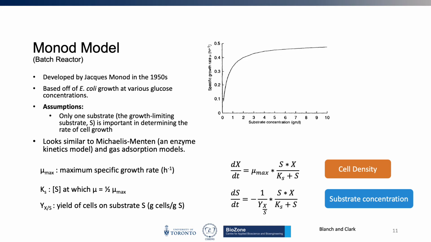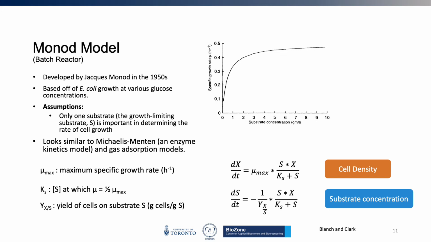One of the assumptions built into this model is that only one substrate, the growth limiting substrate S, is important in determining the rate of cell growth. The Monod model for cell growth looks very similar to the Michaelis-Menten model for enzyme kinetics and gas adsorption models. So if this isotherm-like shape looks familiar to you, it's because it is familiar.